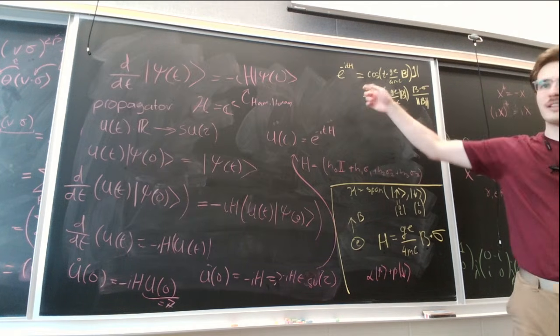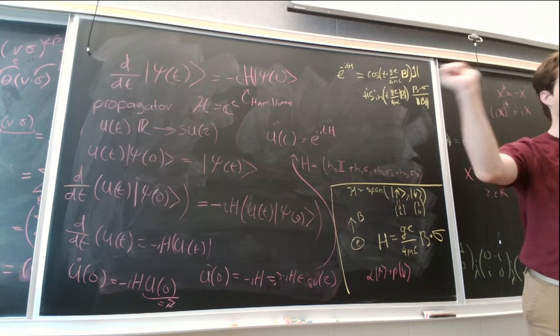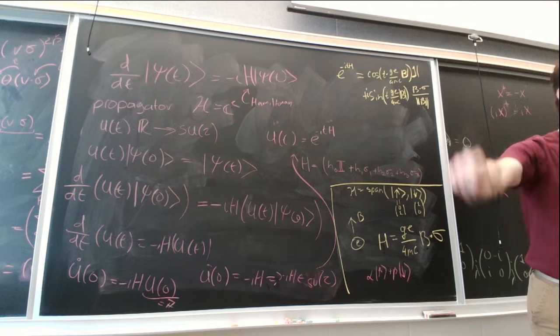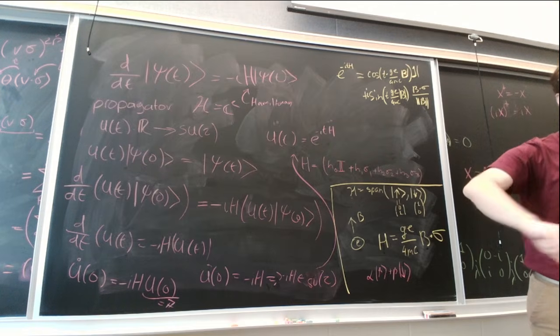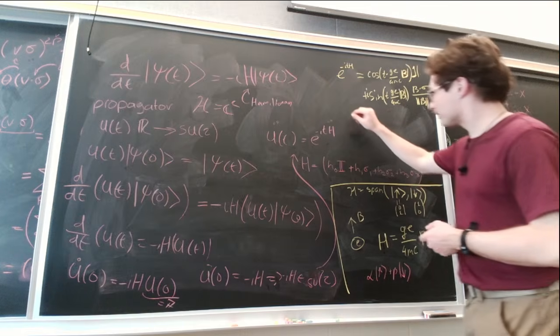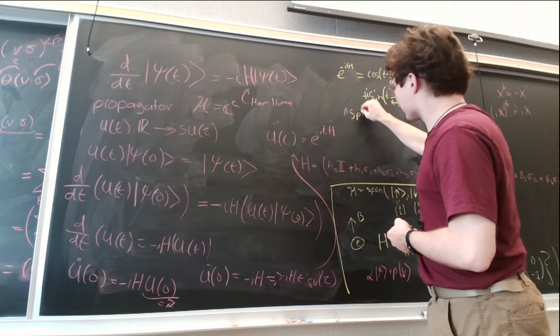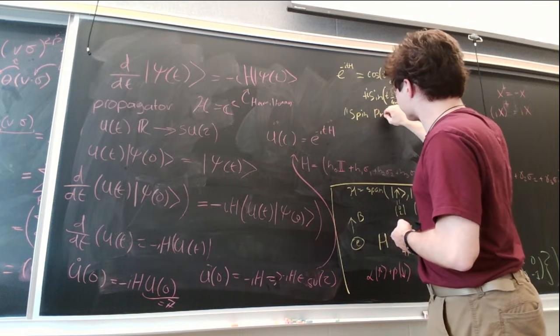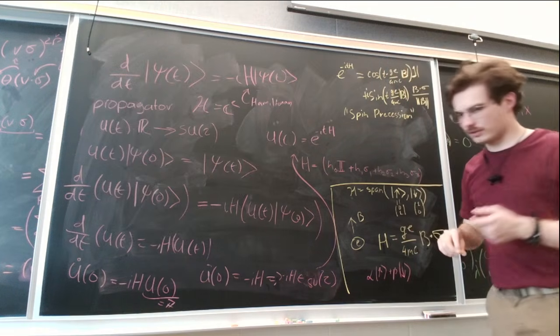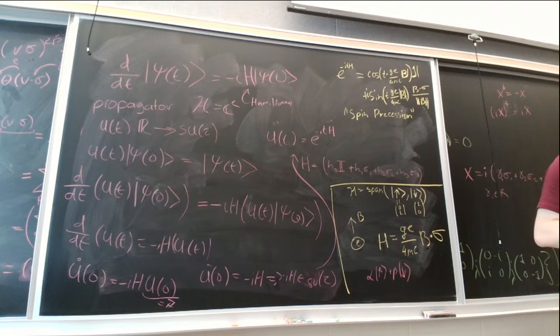You can think of this as applying some U(1) subgroup to my state, and as I keep going around this U(1) subgroup, I go back to the same spot. This is called spin precession. Why do people say this is spin precession?